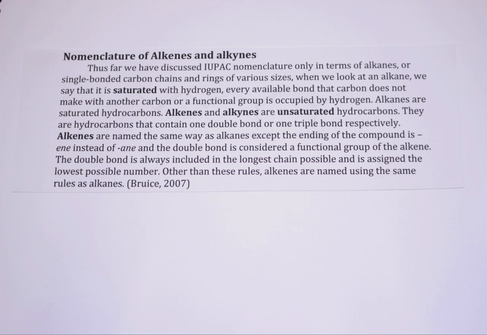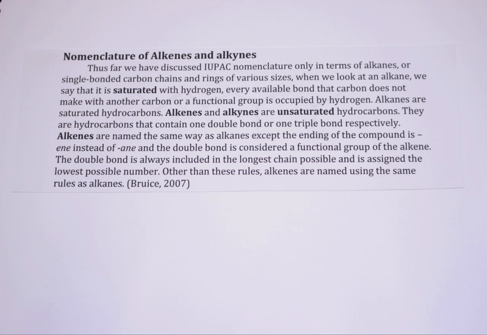Alkenes and alkynes, however, are unsaturated hydrocarbons. They're hydrocarbons that contain one double bond or one triple bond between carbons, respectively. Alkenes are named the same way as alkanes, except the ending of the compound is ene instead of ane, and the double bond is considered a functional group of the alkene.